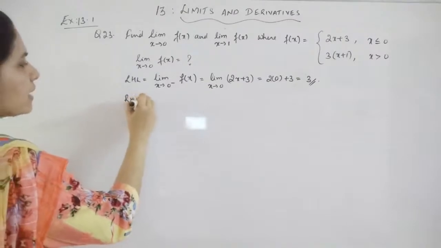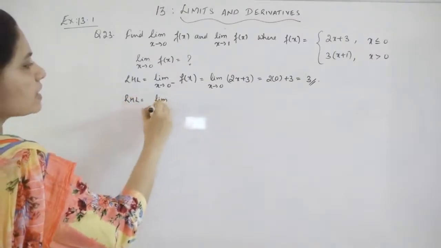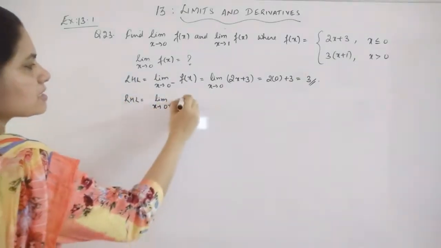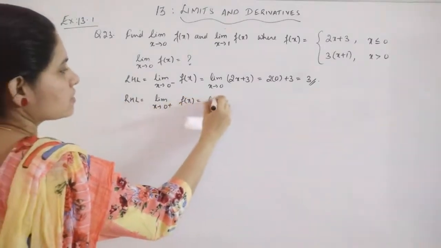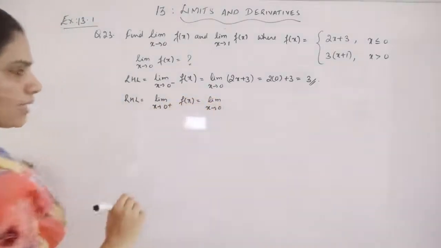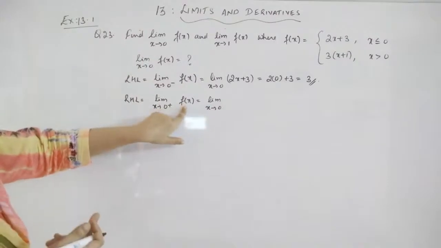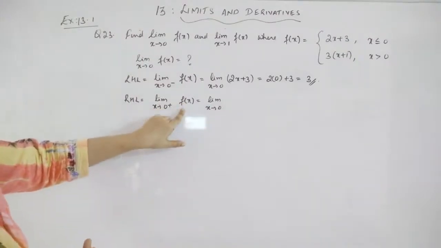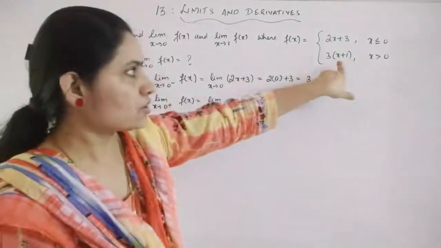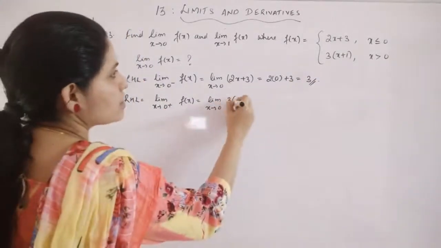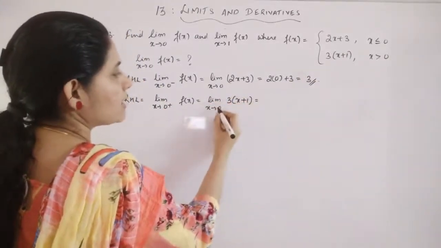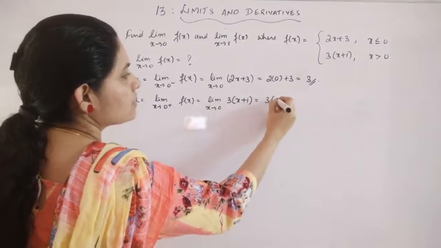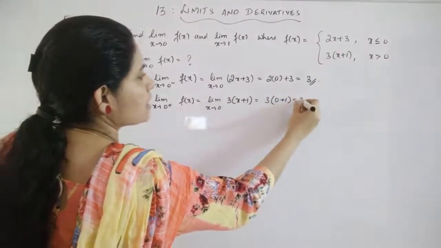Now finding the right hand limit, you have limit x tends to 0 plus f of x, which is equal to limit x tends to 0, and correspondingly for f of x we use the value for x greater than 0. So you have 3 into x plus 1. Again replace x with 0 so that you get 3 into 0 plus 1, which is again 3.